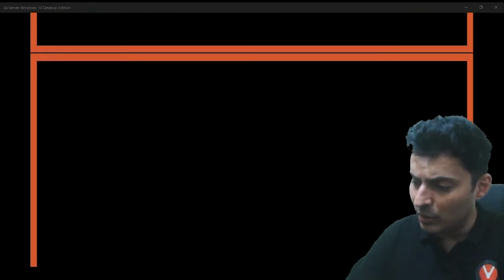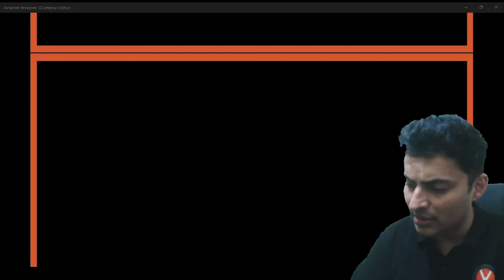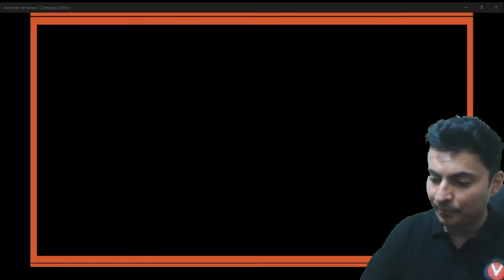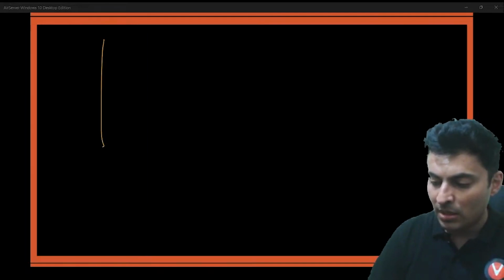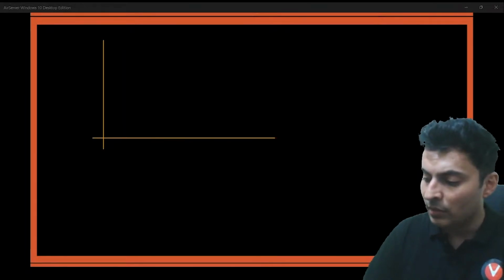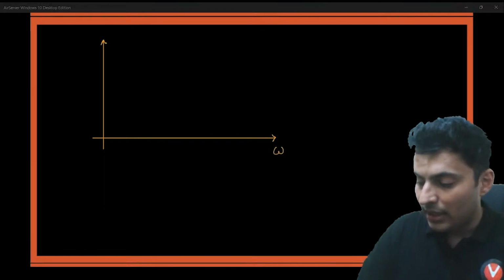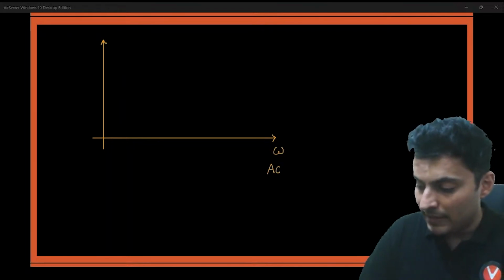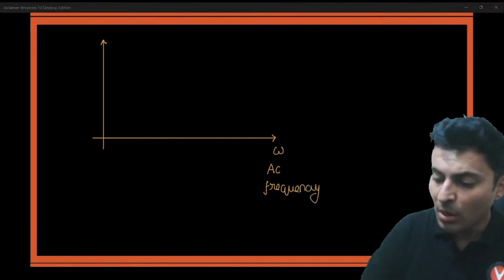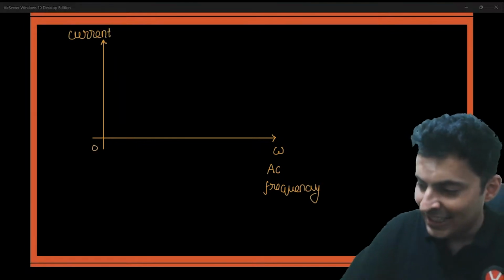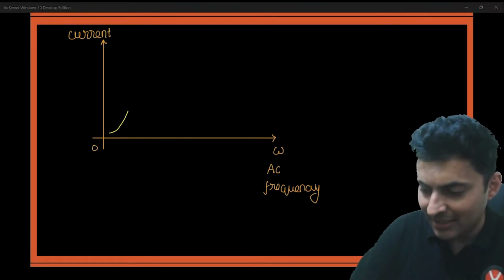Then we will move ahead to another diagram which you must know, and that is with regards to the resonance part. If you draw a graph of the AC frequency versus the current, this graph looks very nice.